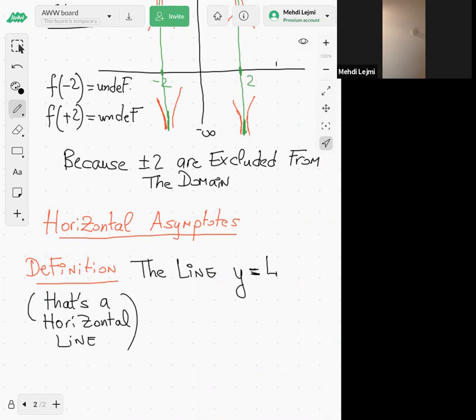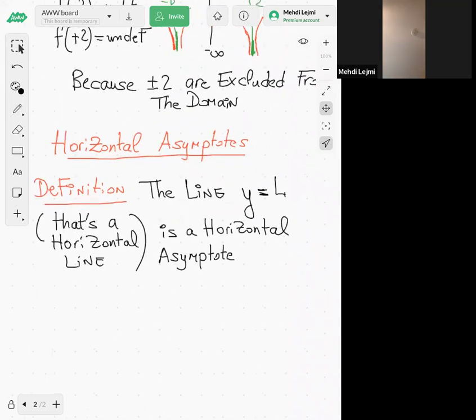The line y equals L is a horizontal asymptote if f of x approaches L as x approaches positive or negative infinity.